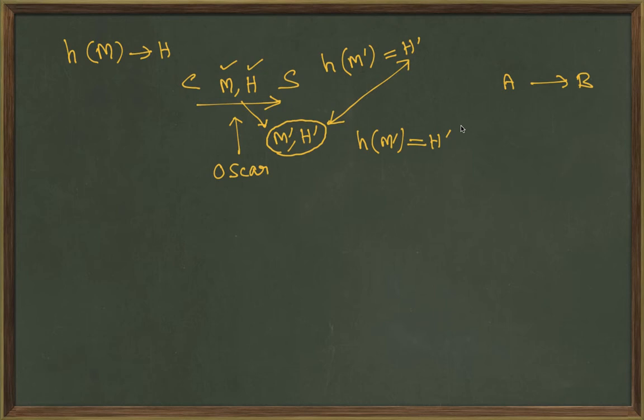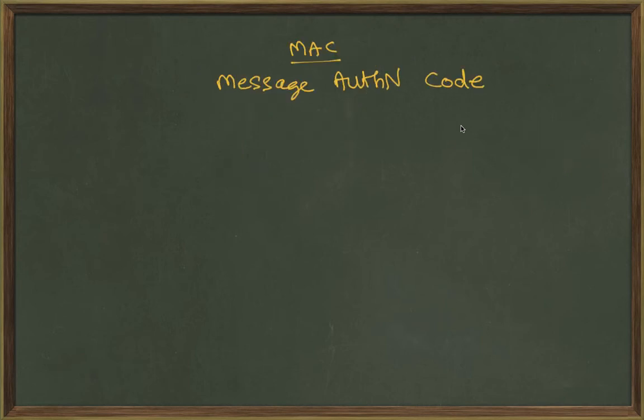A normal hashing function such as MD5, and the other hashing functions that we saw, SHA-1, SHA-2, SHA-3, all these will only provide integrity. They will not provide authenticity. So how do we achieve authenticity in that case? Authenticity can be achieved using what is called a MAC, which is nothing but a message authentication code.